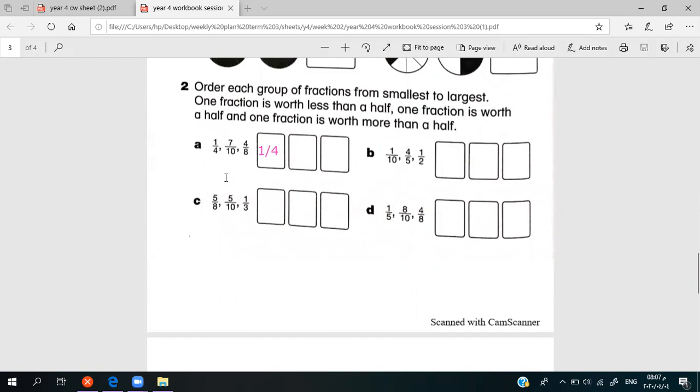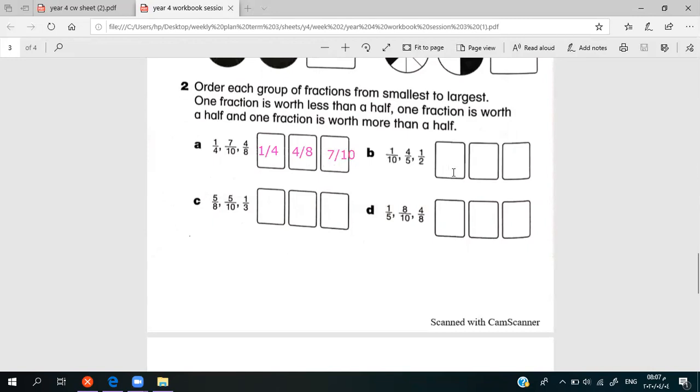One part from 4 parts, is this the half? No. 7 parts from 10 parts? No, because half the 10 is 5. Then what about 4 over 8? Is 4 half the 8? Yes. So 4 over 8 is the half. And definitely the one bigger than a half is 7 over 10.